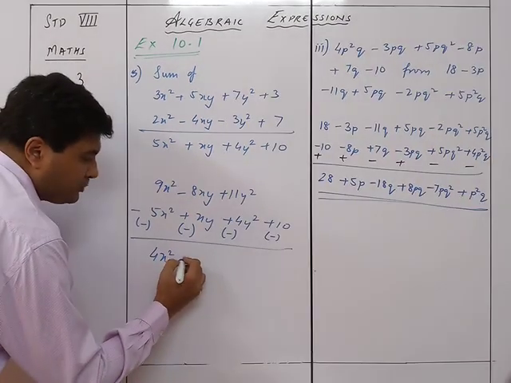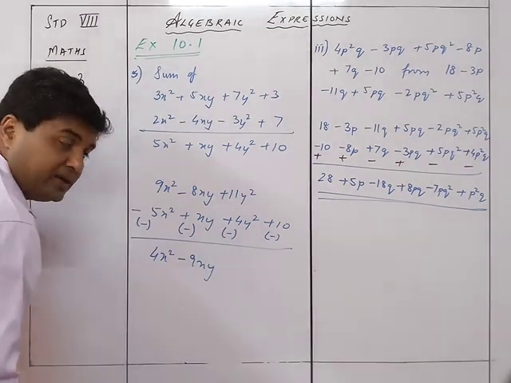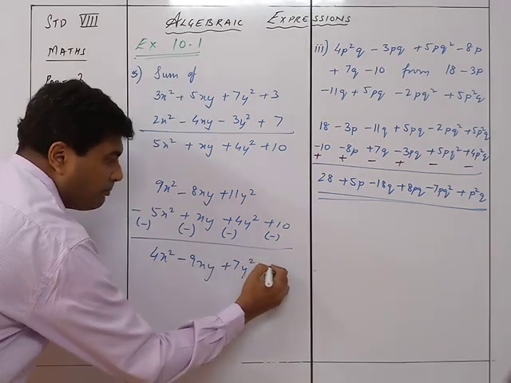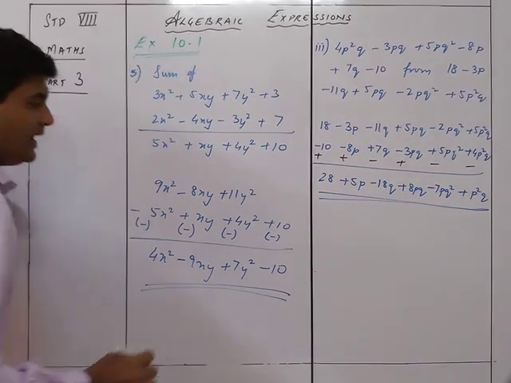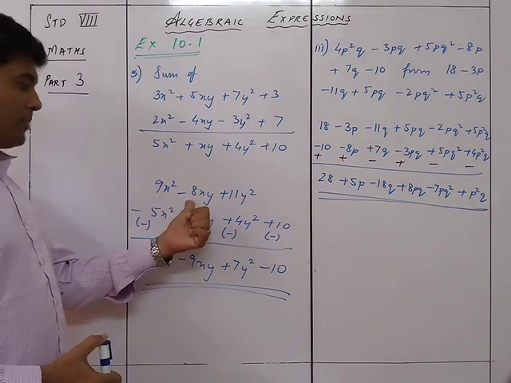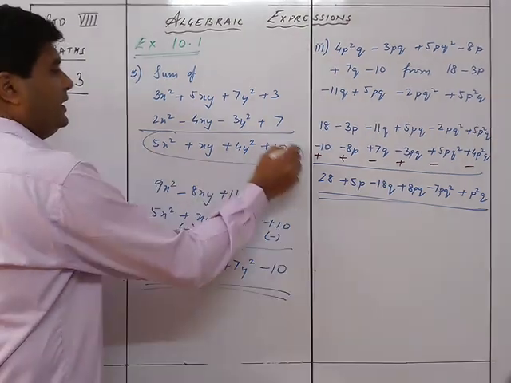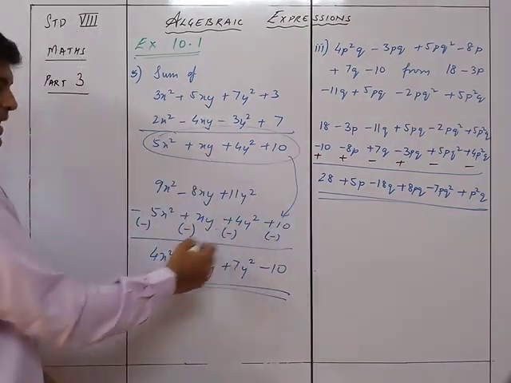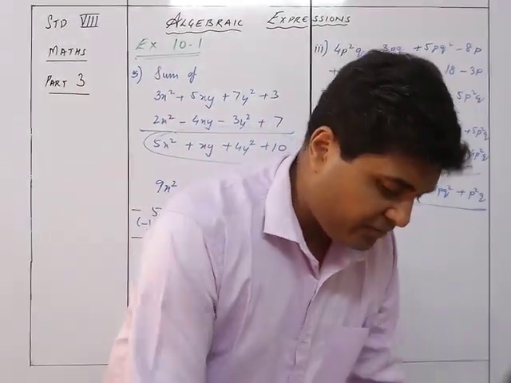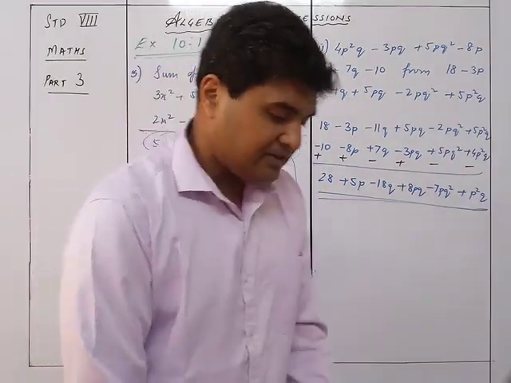Minus 8 minus 1 is minus 9xy. 11 minus 4 is 7, so plus 7y square minus 10. So you first added these two and then we are told to subtract from this. So the answer for question number 5 is 4x square minus 9xy plus 7y square minus 10.